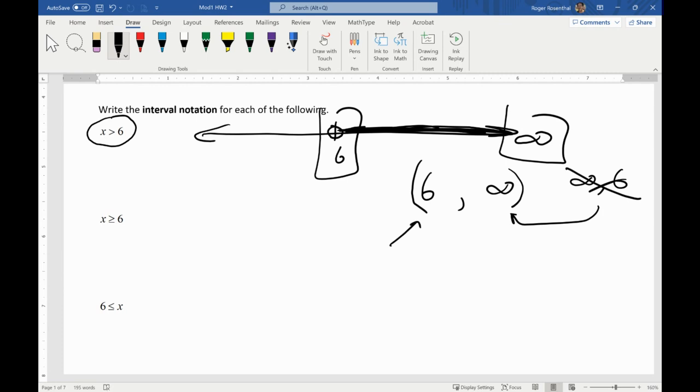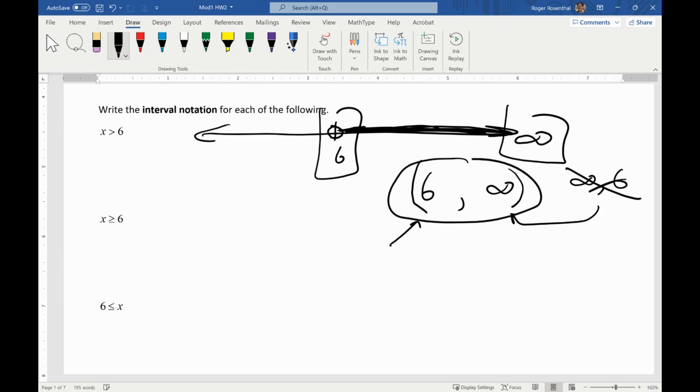I'm going to oversimplify things, but it's good enough for our purposes. If you have something like that with an equals on the bottom, you put a bracket. If you have something like that without an equals, you put a parentheses. So because we don't have an equals on there, you put a parentheses.